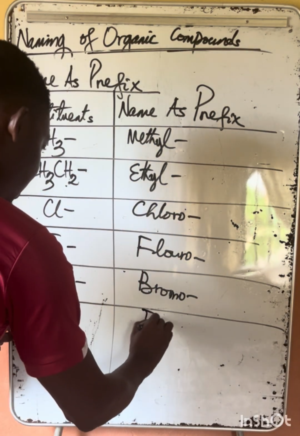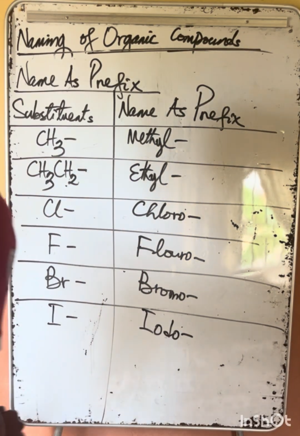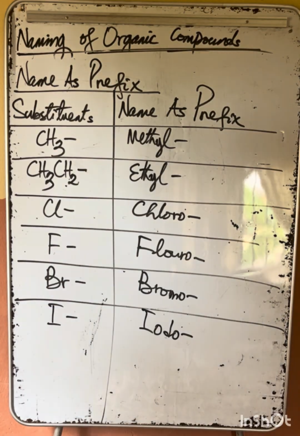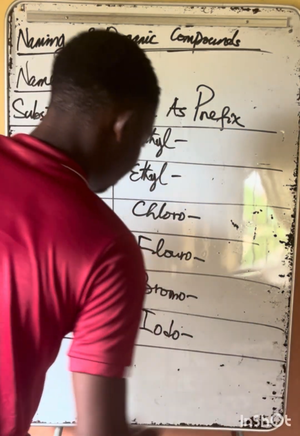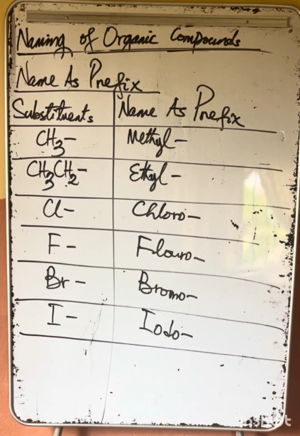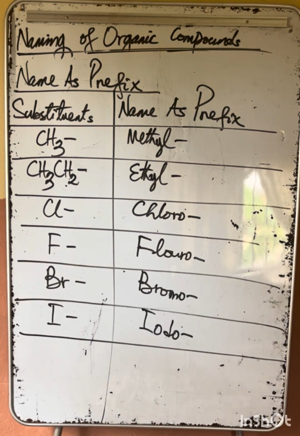Iodine is iodo. And so on and so forth. We have others, but I will just leave it at this. Okay, so these are items or group of atoms that would take the natural place of hydrogen in organic compounds, and they are referred to as well substituents. So their names are shown beside them.